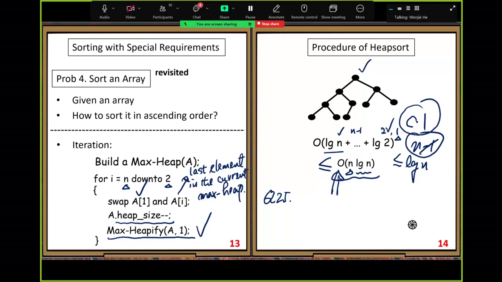This one, we have a 6-element array, an arbitrary given 6-element array, and we need to find the third largest with the minimum number of comparisons for the worst case.